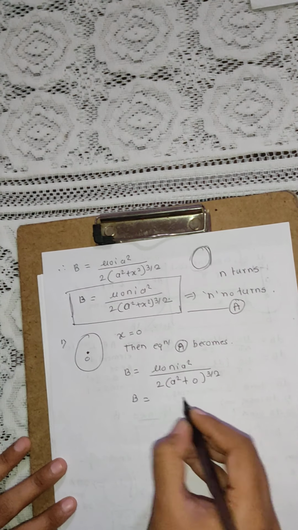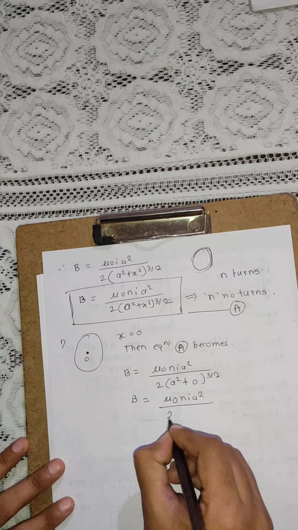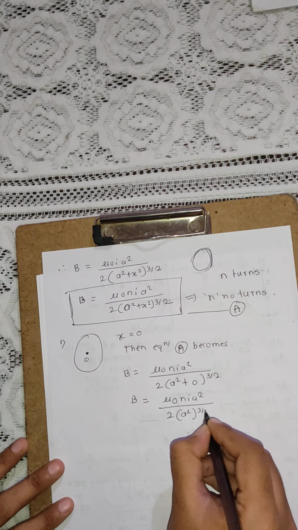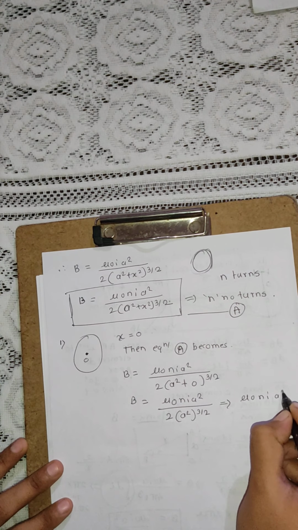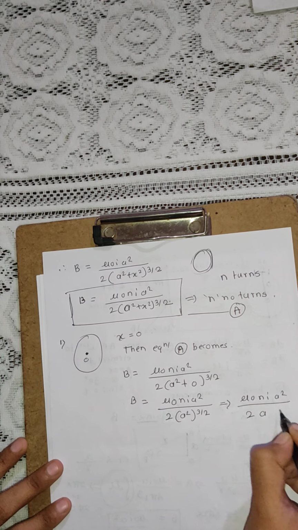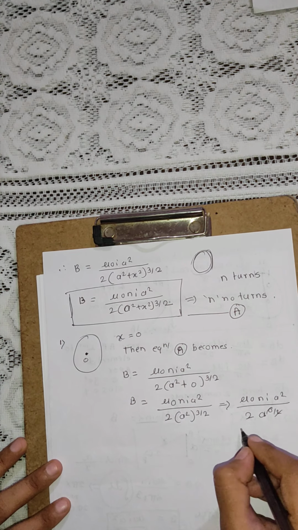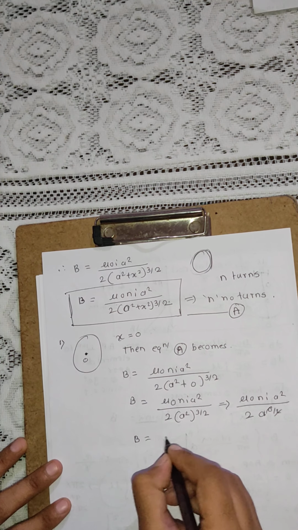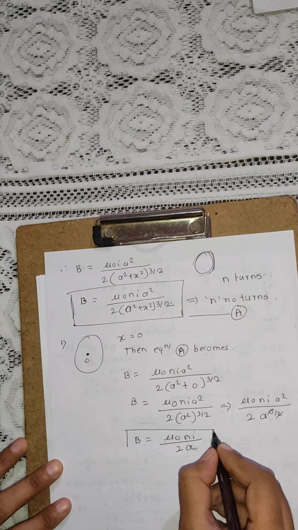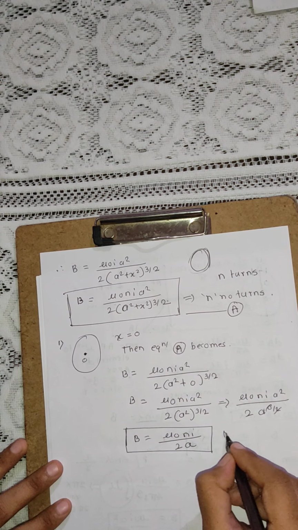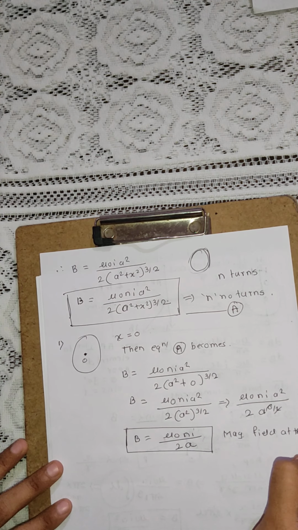B is equal to mu naught n I a square upon 2 a cube. Mu naught n I a square upon 2a cube gives mu naught n I upon 2a. This is the magnetic field at the center of the coil.